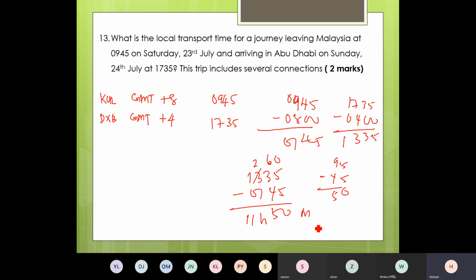So it will be like this calculation: 11 hours 50 minutes. Some of you are careless when you say borrow one. You can't just put one here, it's 60. Okay, so clear for today?